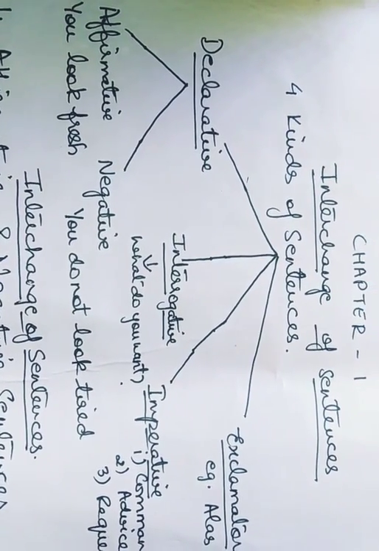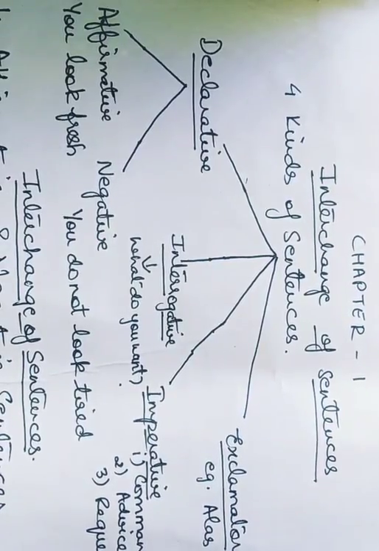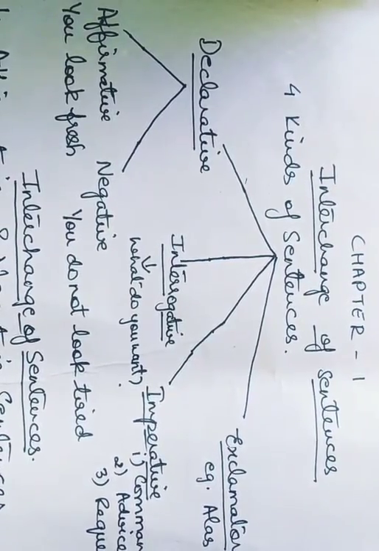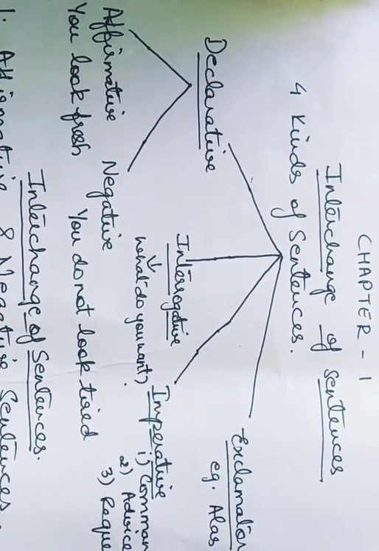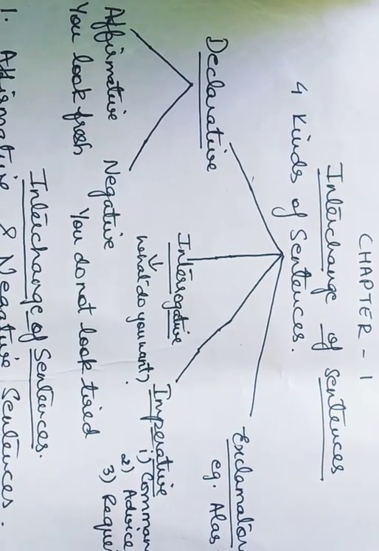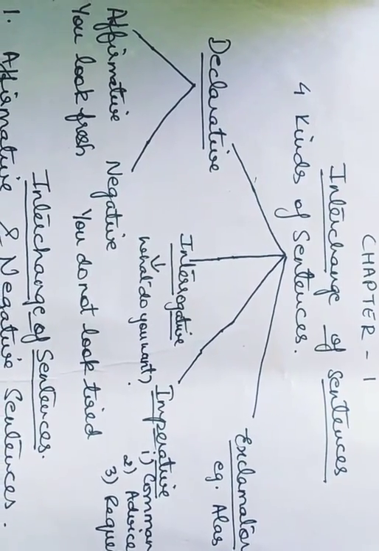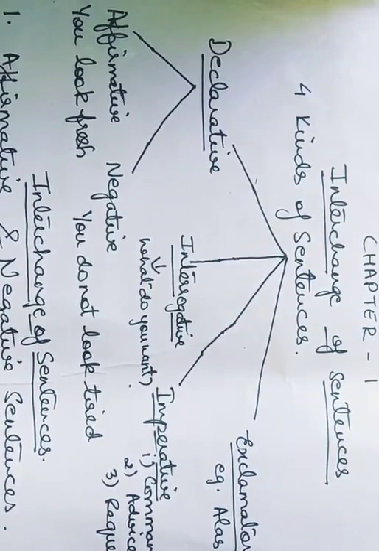So here we start with our chapter 1, Interchange of Sentences. A sentence is the basic unit of expression in English. The two other important units are word and paragraph.